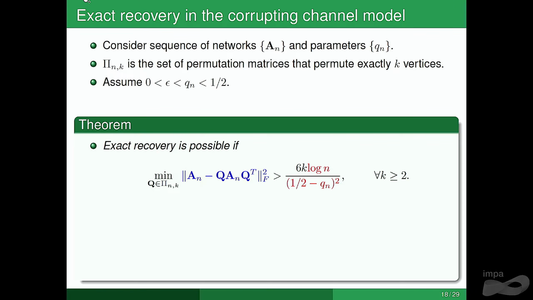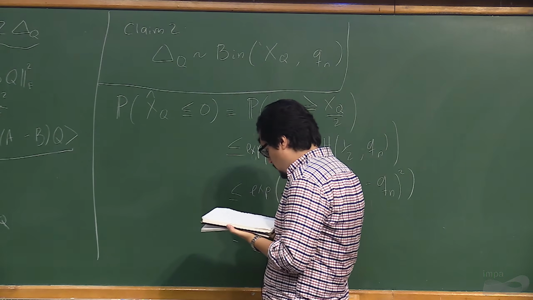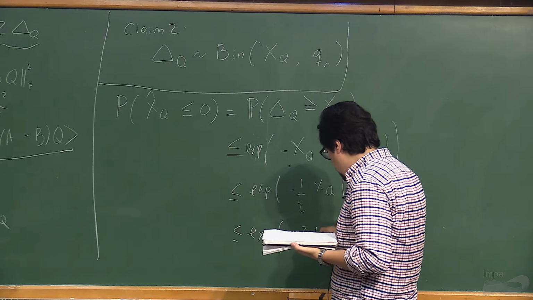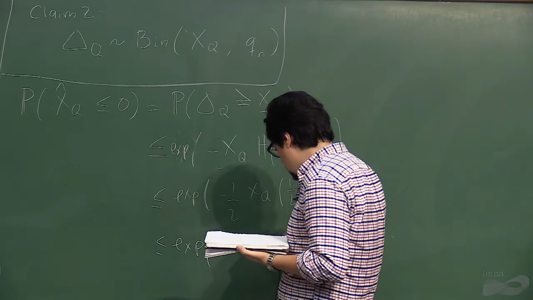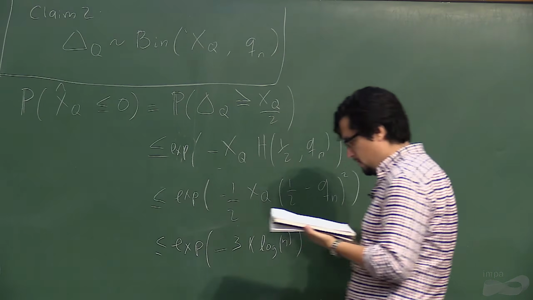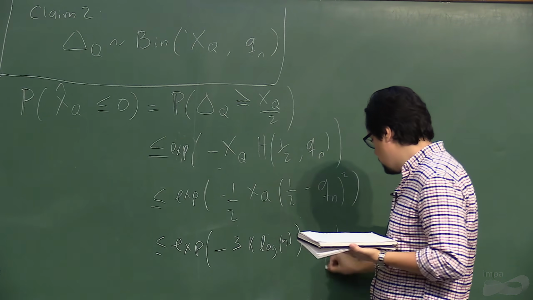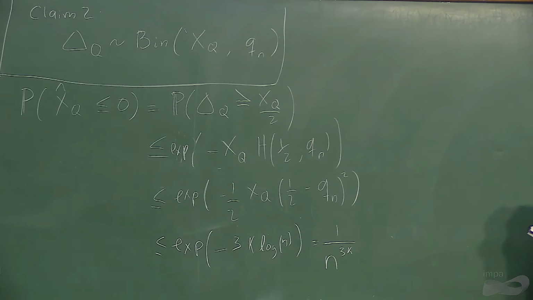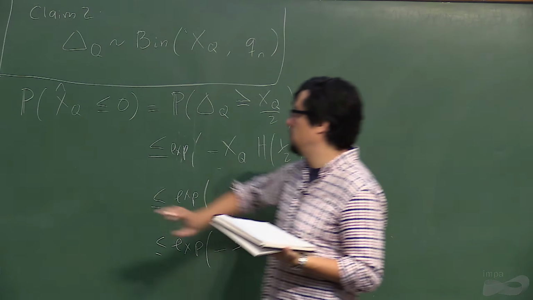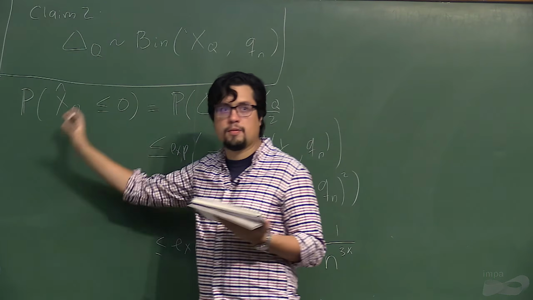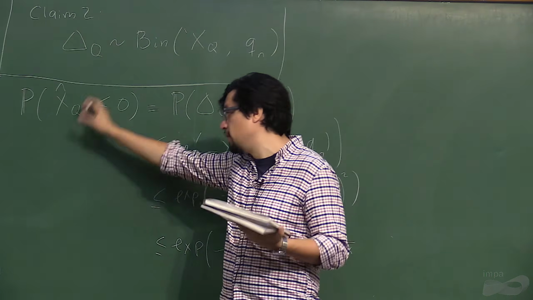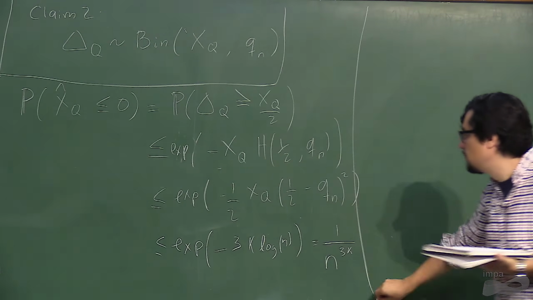So if we just apply this inequality, we're going to get that this is upper bounded by negative 3k log of n, which is 1 over n to the 3k, right? So that's the probability that a given permutation q creates a mistake in the solution, or basically that this permutation q is better than the identity permutation, right?